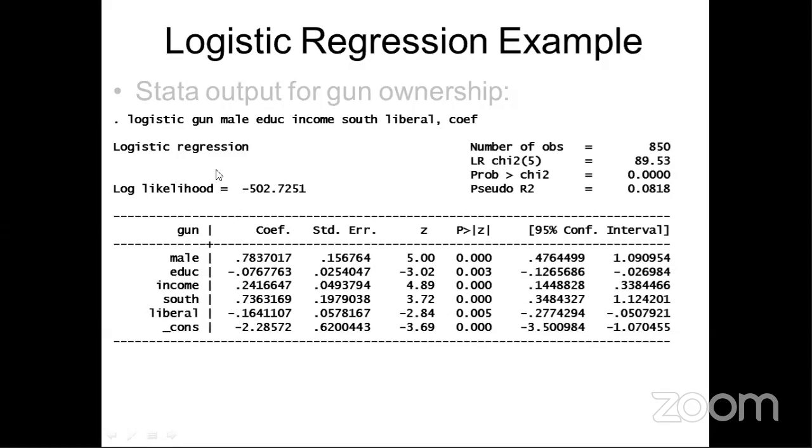In Stata, you have to write a command like this: logistic. Logistic means you are running a logistic regression. That is the command you are giving, and the dependent variable is gun, owning a gun or not. Here probably one means owning a gun. So your dependent variable is the dummy variable gun, and the independent variables are male, education level, income, the region of the person or household, and liberal, comma, coefficient.